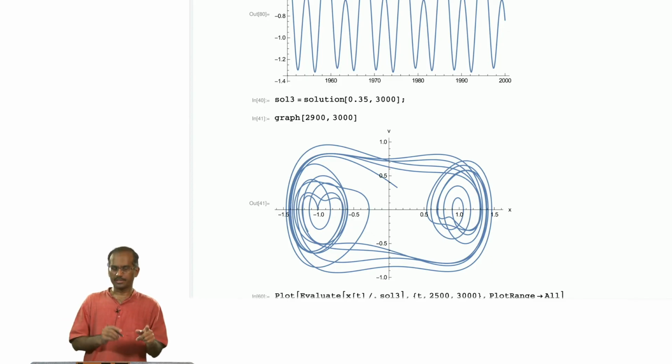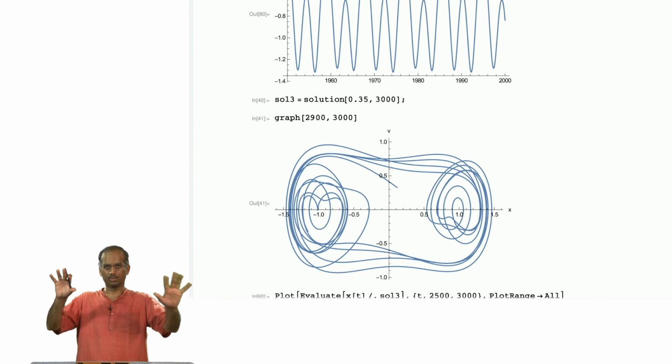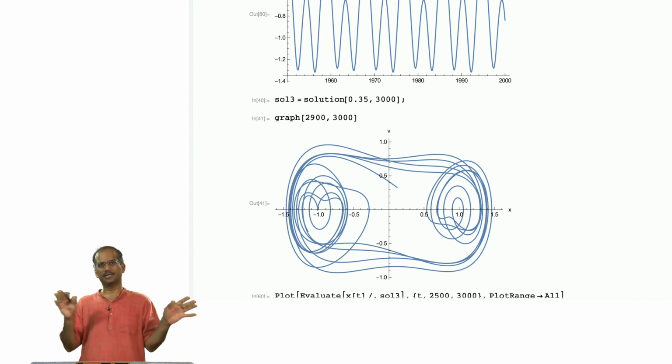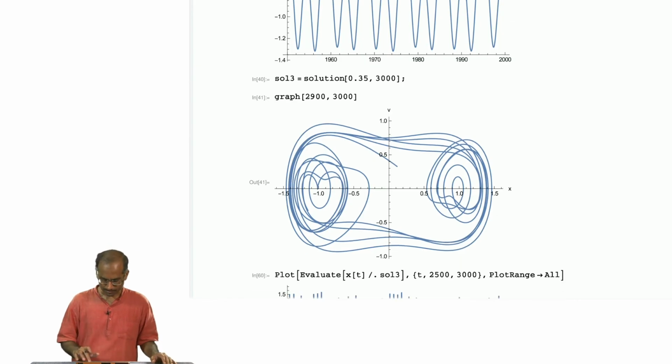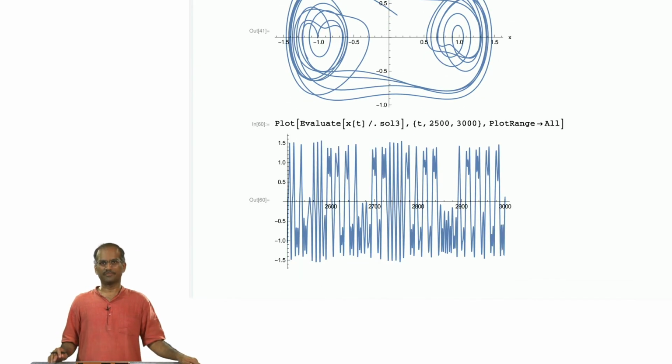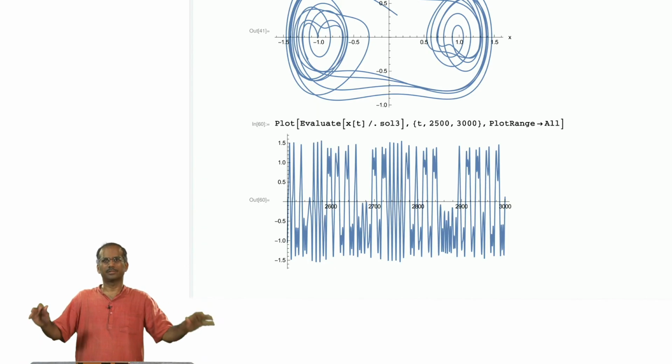So, the trajectory will keep bumping between these two left and right sides in a very irregular manner. And if I look at the position as a function of time, it is going to capture for me some random looking function. So, as I said, let me emphasize once again, chaos is much more than just randomness.